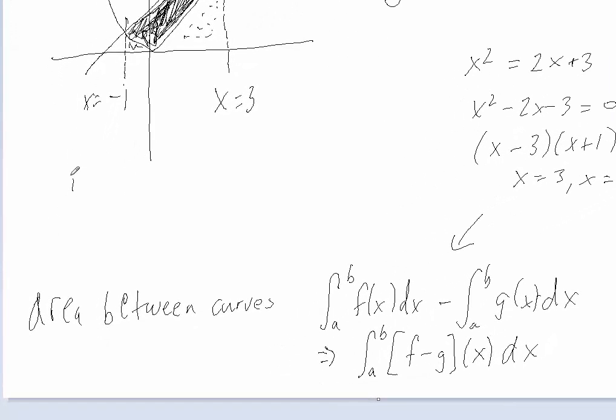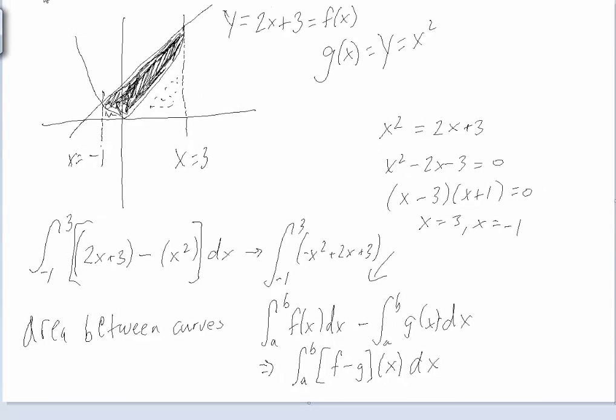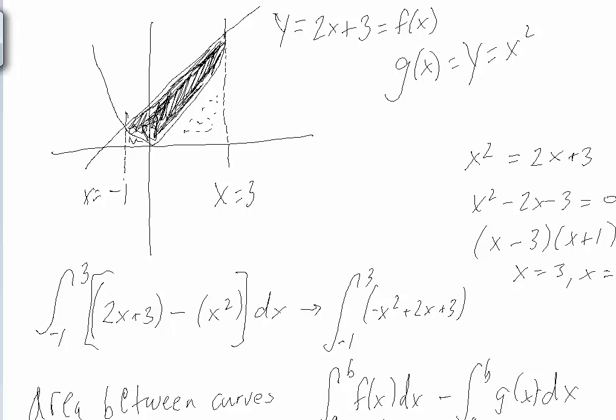So in our case, we're taking the integral between negative 1 and 3 of 2x plus 3 minus x squared dx, or simplified, the integral between negative 1 and 3 of negative x squared plus 2x plus 3 dx.